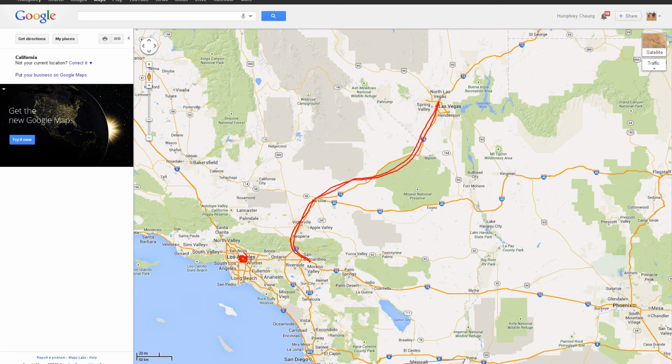Okay, so this map gets me to Vegas. Now imagine, I've never been to Vegas before, and imagine I get a map where this road isn't even here. Right? Poof, it's out of existence.